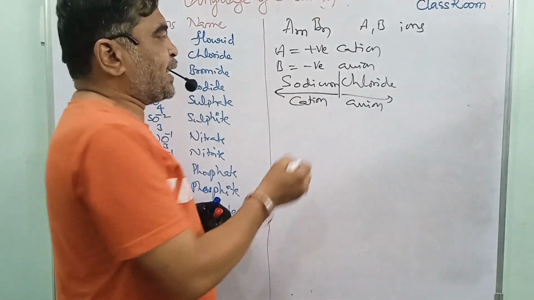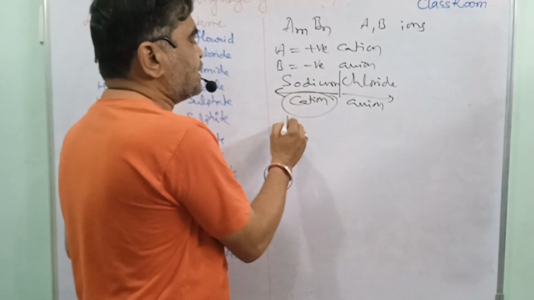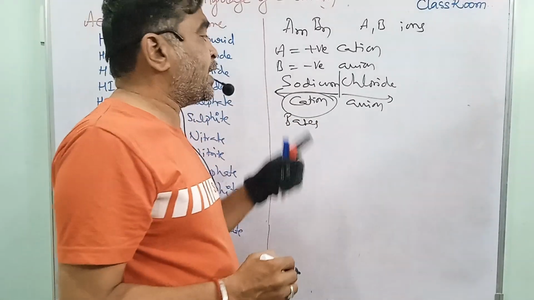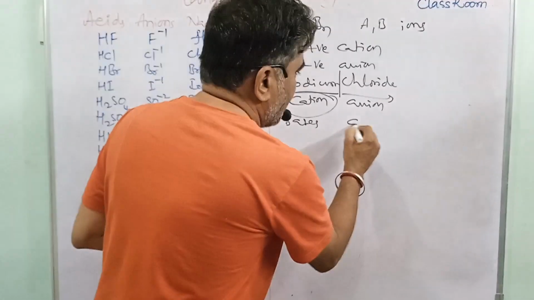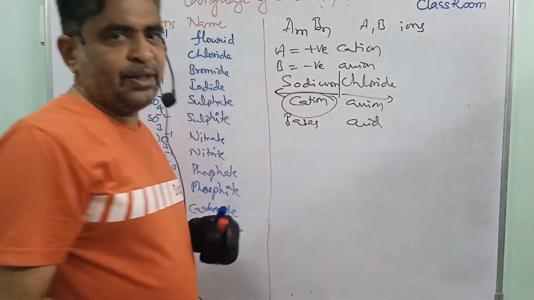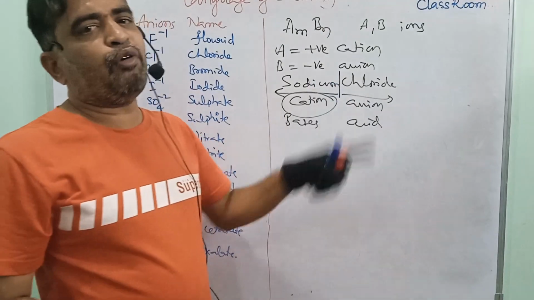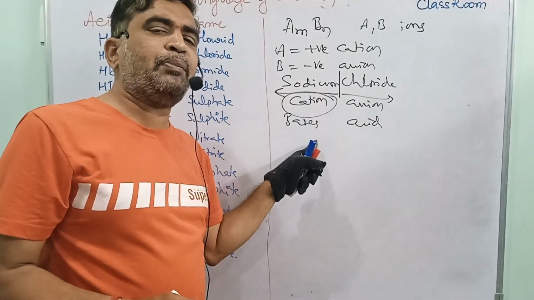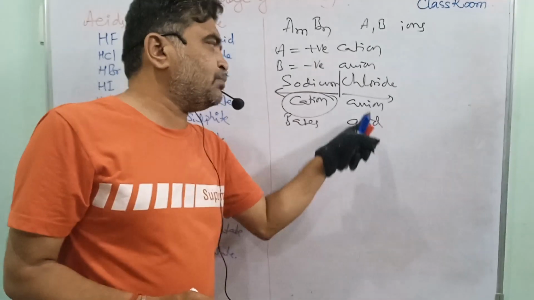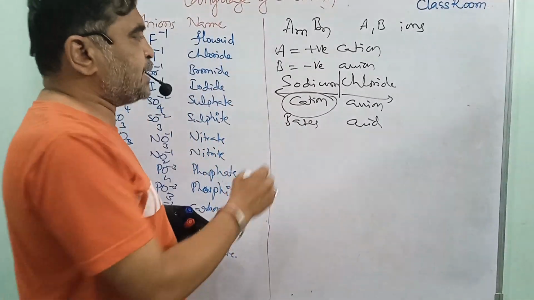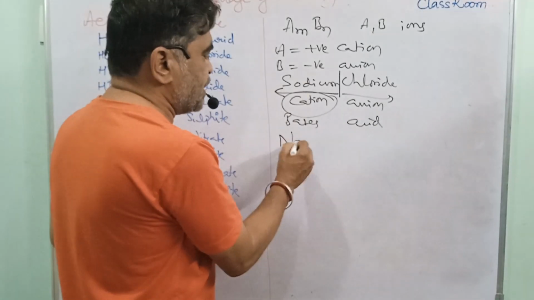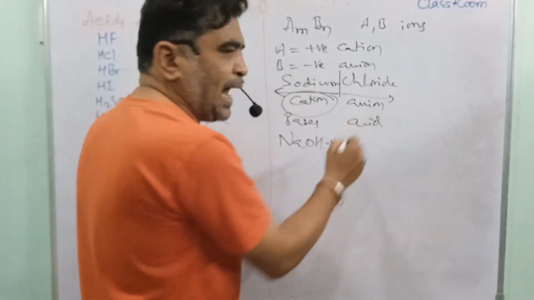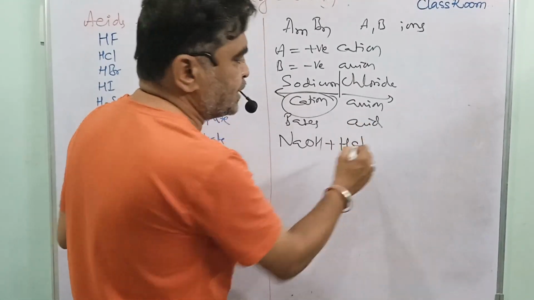Generally the cations are from the bases, and the anions are from the acids. In sodium chloride, the sodium comes from the base, sodium hydroxide, and the chloride comes from the acid, hydrochloric acid, HCl.